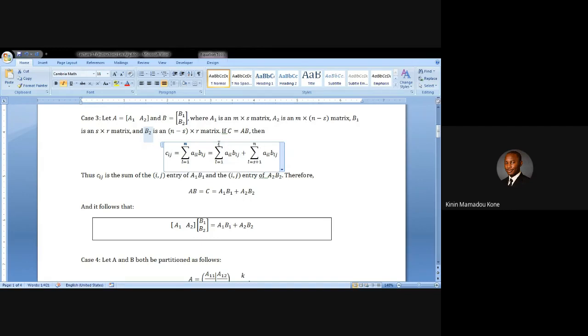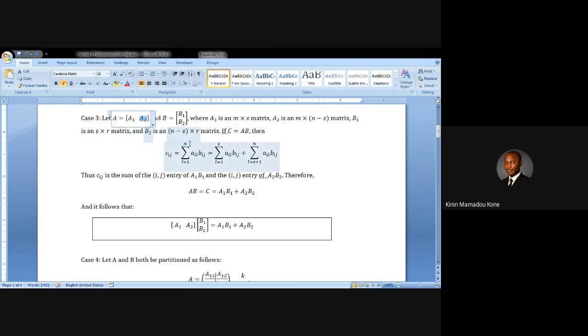So here normally you have s, and if you deduct s from n, you have n minus s. So we start here from 1 to s column. Here this matrix A1 has s columns, and this matrix here has n minus s columns.